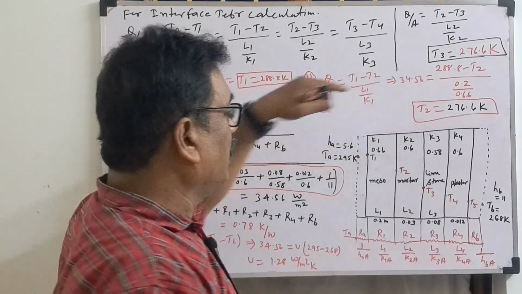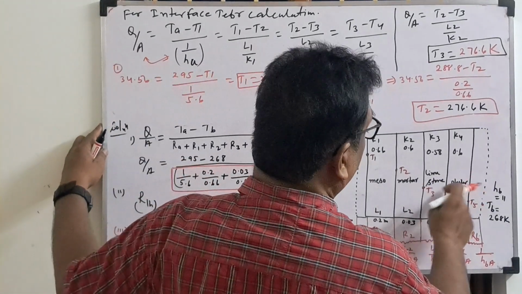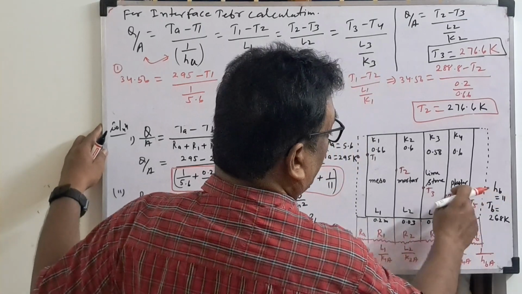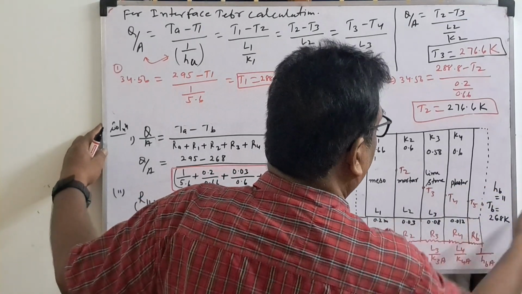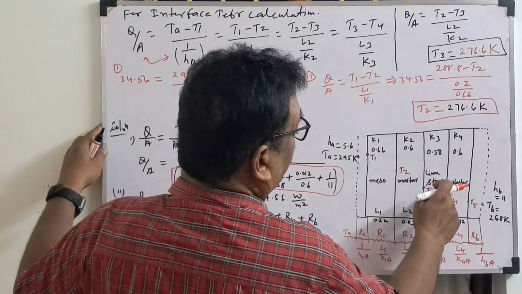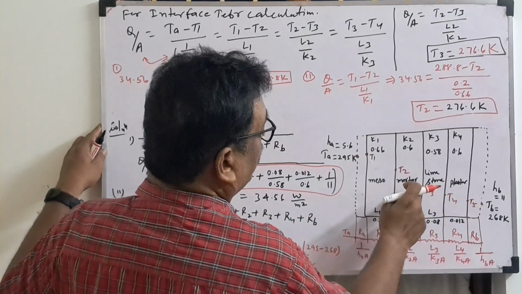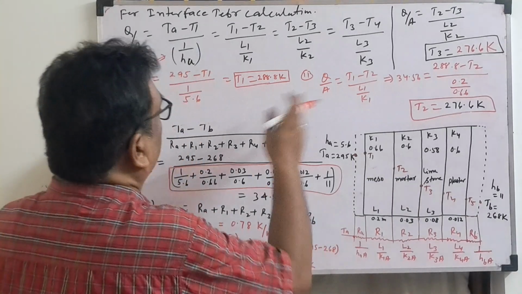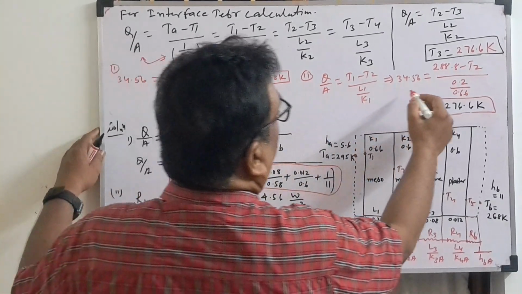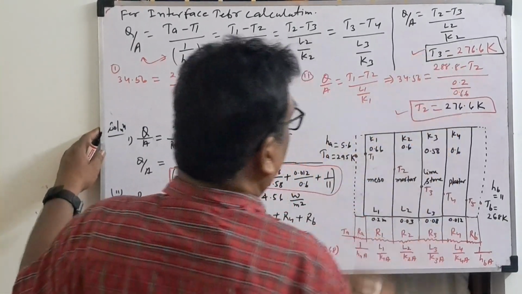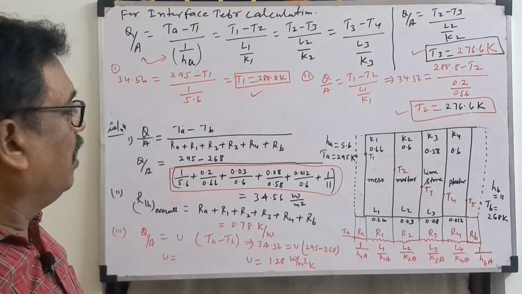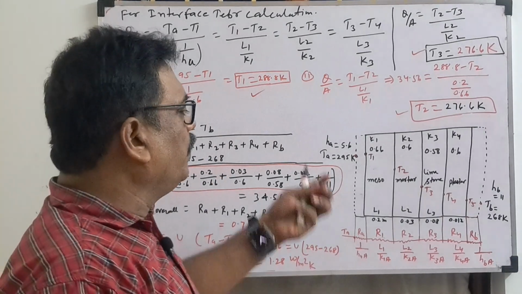If they ask for the temperature between limestone and plaster of Paris, maybe the exterior, so T4, T5, limestone plaster T4, mortar and this T3, masonry and mortar T2. Whatever they ask, we can calculate T1, T2, T3. Okay, so see this question. If you see the book solutions, it will be very long.